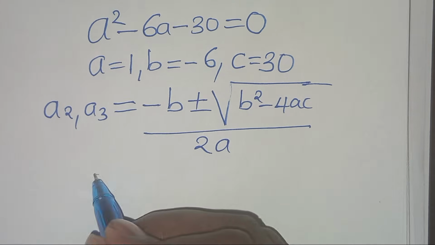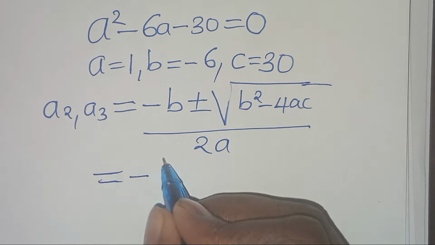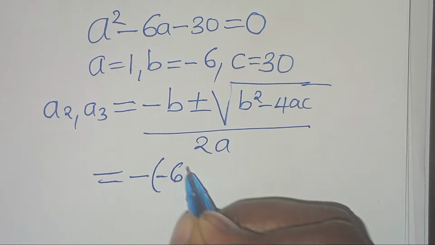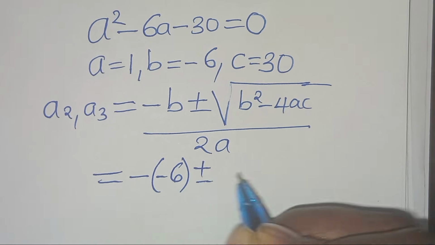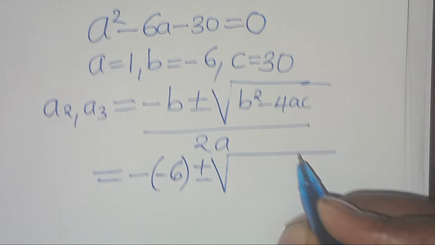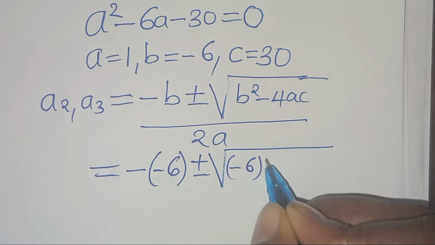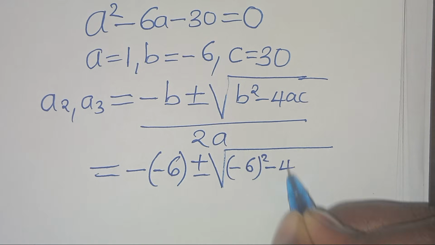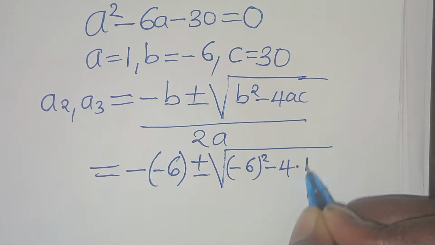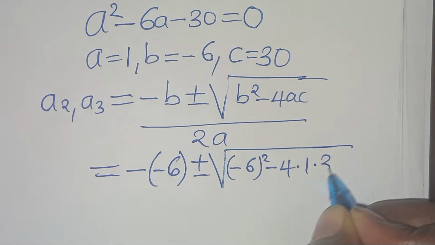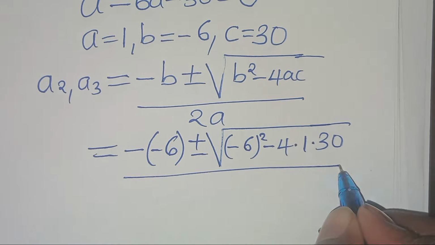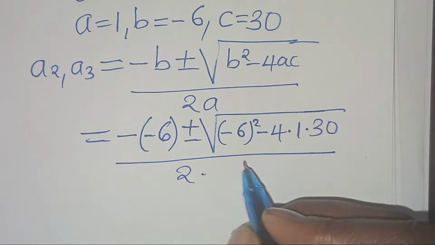So this implies that here we have minus minus 6 plus or minus the square root of minus 6 squared, then subtract 4 multiplied by a, which is 1, then times c, which is 30. Everything here divided by 2 times 1.